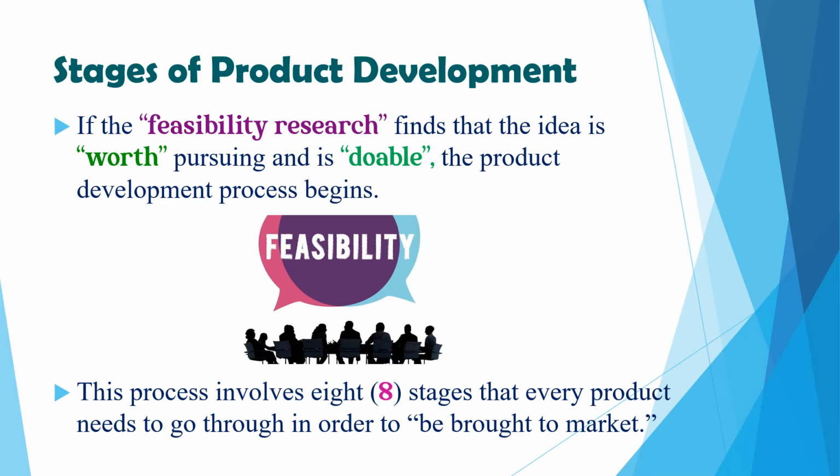So if the feasibility study finds that the idea is worth pursuing and that it is doable, the product development process begins. This process involves 8 stages, and every product needs to go through each of these 8 stages in order to be brought to the market and sold to the consumers.